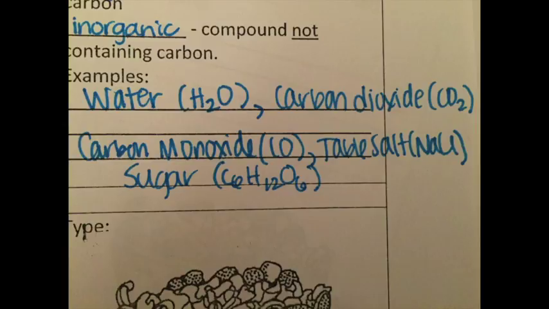Looking at these examples, I also want to go over inorganic and organic one more time, and just a common mistake that a lot of students make. So organic compounds have carbon, so we're looking for that capital C by itself. That's what stands for carbon. All right, a C plus a lowercase letter is not carbon, it would be another element.